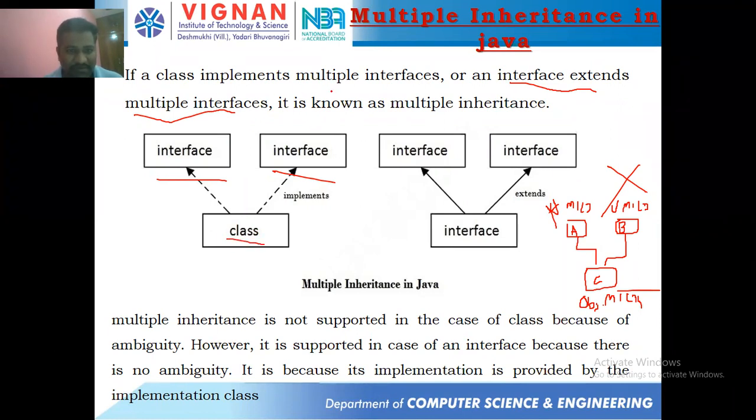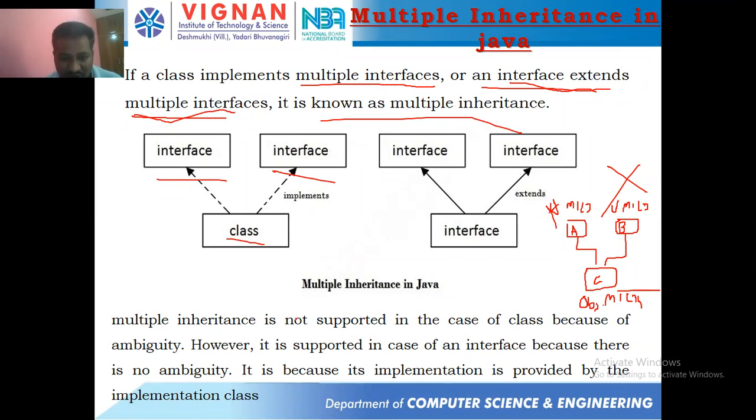If a class implements multiple interfaces, or an interface extends multiple interfaces, then it is known as multiple inheritance. If one class implements two interfaces, or one interface extends two interfaces, then it can be called multiple inheritance in Java.